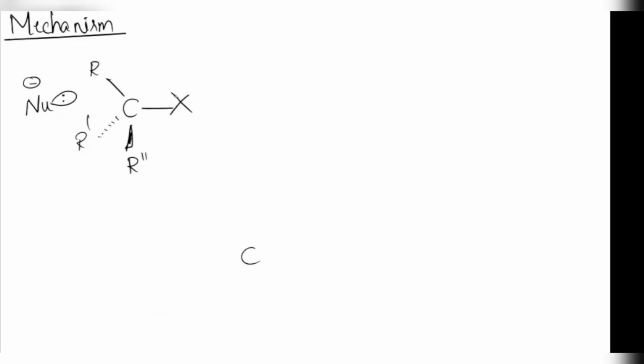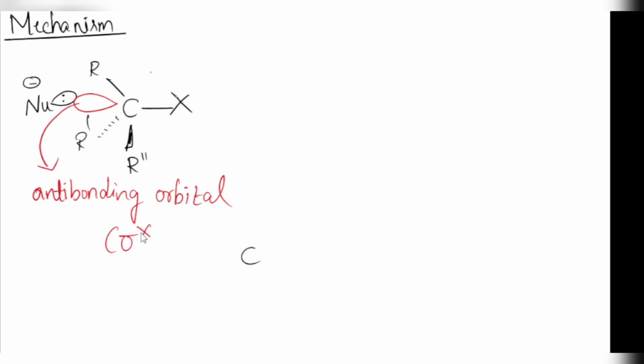I will represent the anti-bonding orbital like this. This is the anti-bonding orbital, sigma star of carbon and halide.